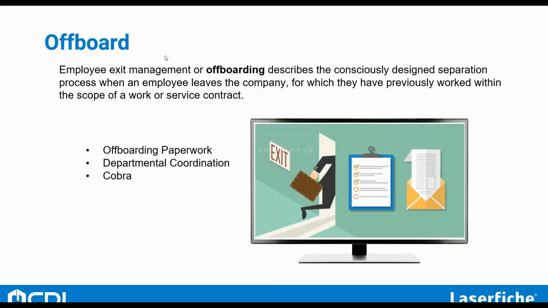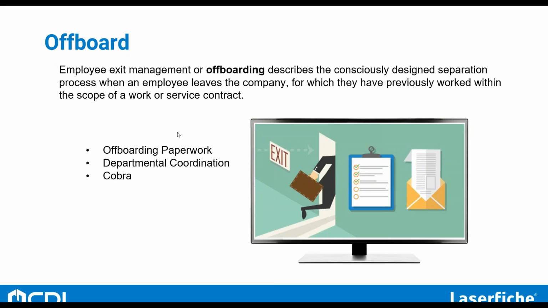And again, offboarding is a really time and labor intensive process, because not only are you just making sure you collect their keys, but you have to coordinate with your departments to make sure that all the notifications are going out, they're getting deactivated, their emails being forwarded, their phone system is being forwarded, all of that. And then you have to coordinate the COBRA and all of the benefits information.